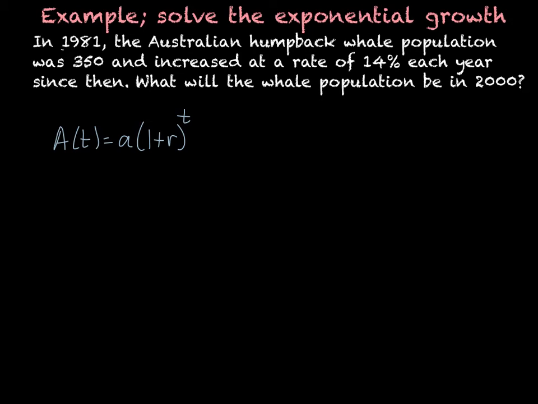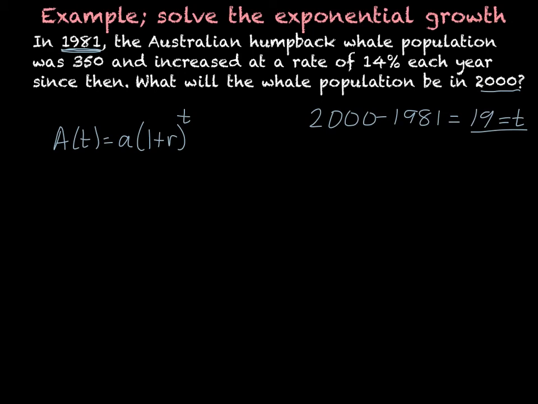We know that the initial population was in 1981, that was given to us, and now we want the population in 2000. So we can find the change in time based on those 2 years. 2000 minus 1981 is 19. So that is your time.